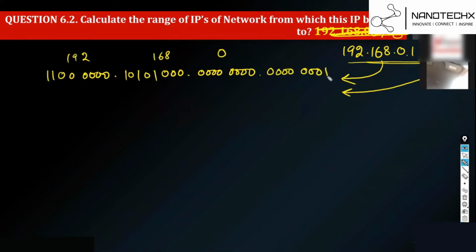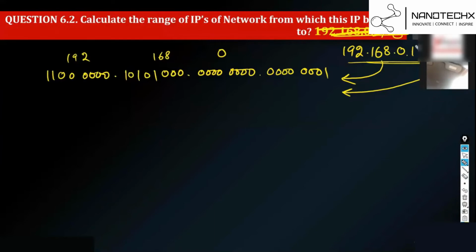Then /28, guys, how many ones should be there in /28? Can somebody tell me? Yes, 28 times 1. Do not convert 28 into binary, because that is something else. We are not doing that. /28 means 28 times 1.